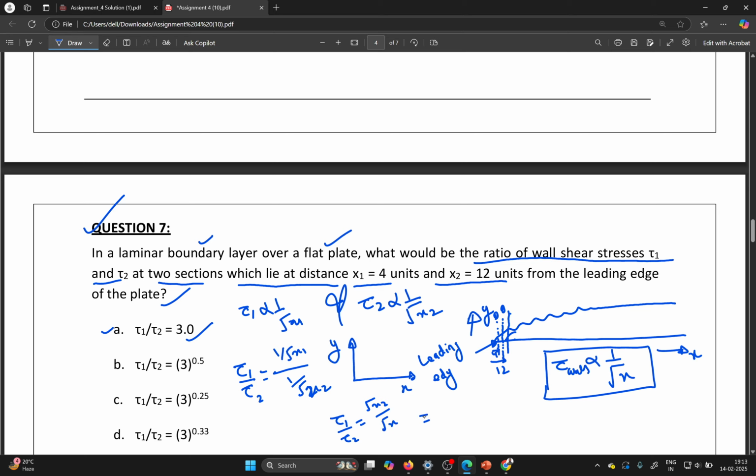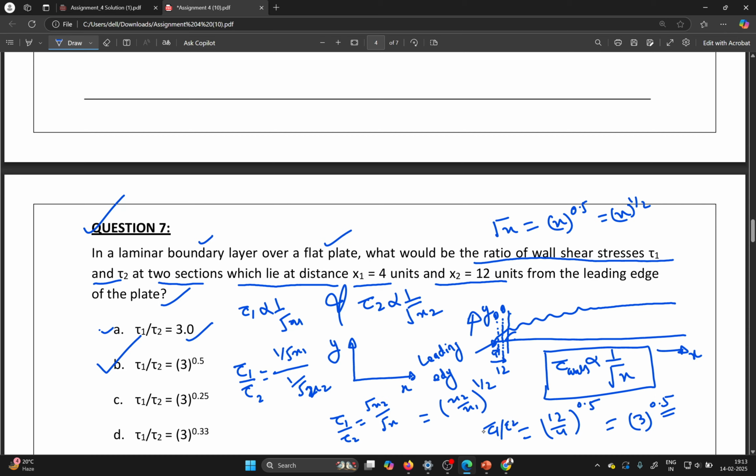The root x means x to the power 0.5, or x to the power half. So x2 by x1 to the power half means 12 by 4 to the power 0.5, which is 3 to the power 0.5. Yes, Anurag is correct. Option B is correct for question number 7. The ratio of tau 1 and tau 2 will be 3 raised to 0.5.